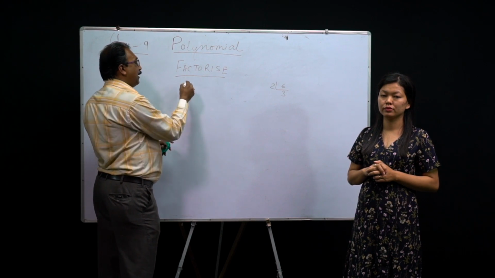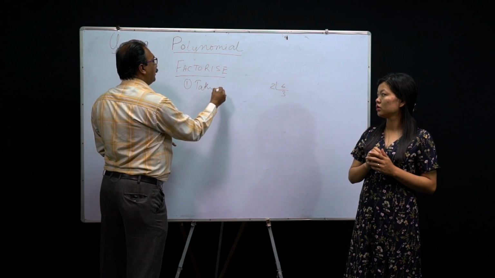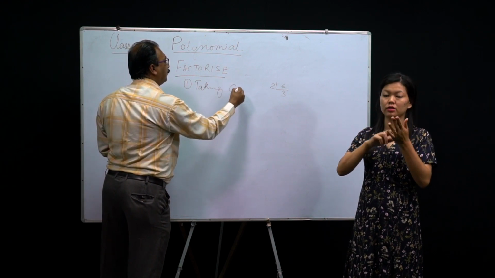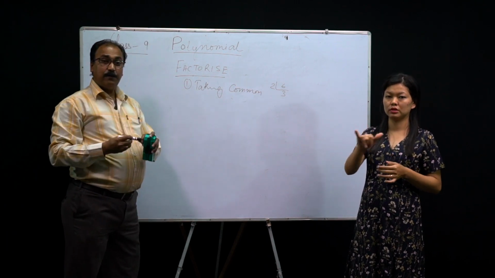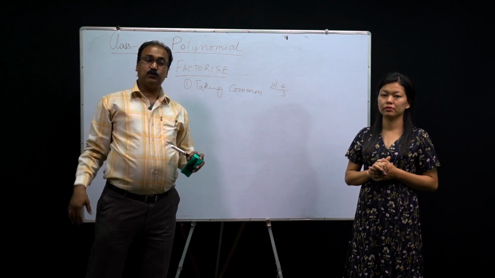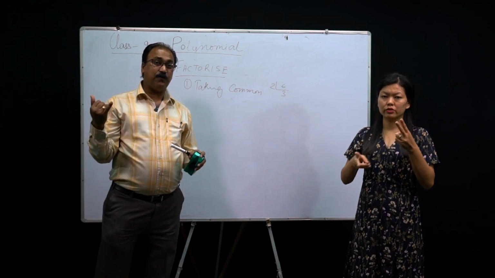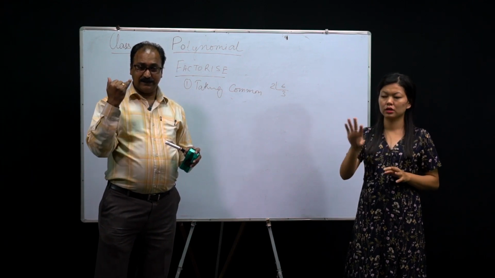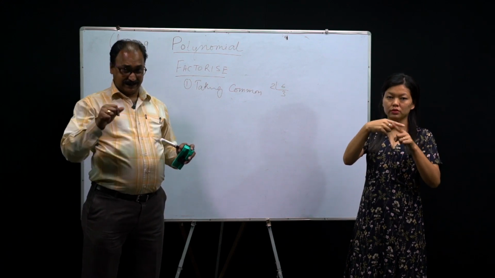The first part of factorize is taking common. You know common? What is taking common? You have to take out some common term from the 2 or 3 terms which are made by the 4 fundamental operations. What are the 4 fundamental operations? Plus, minus, multiply and division, with the algebraic expression.